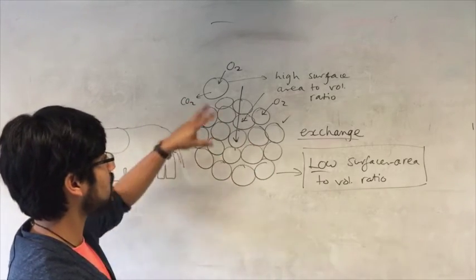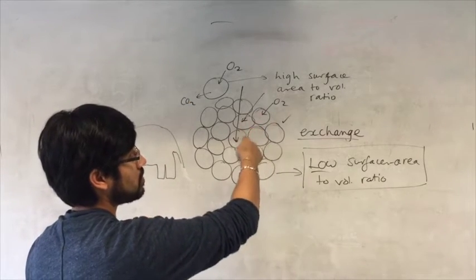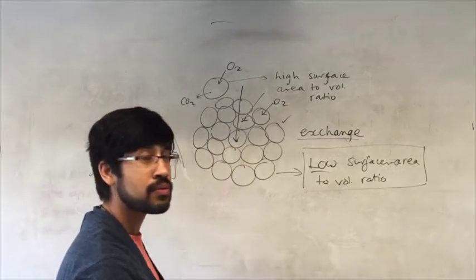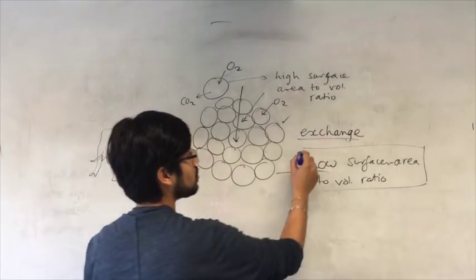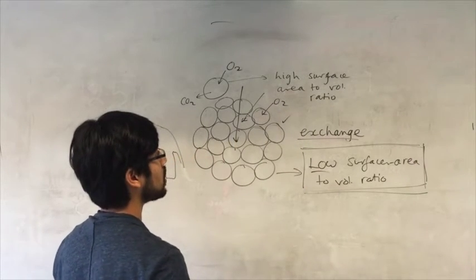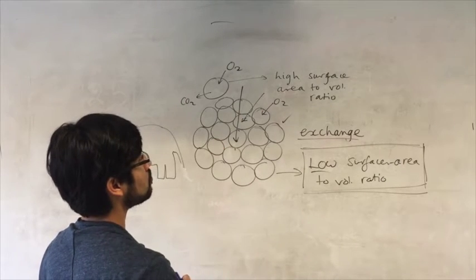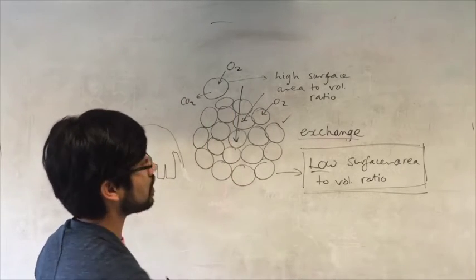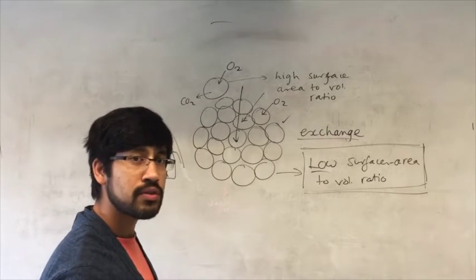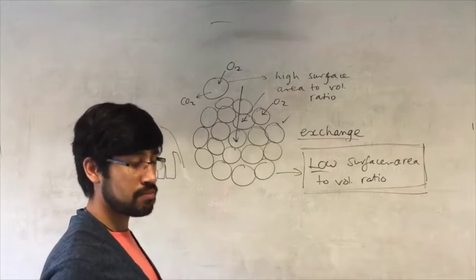But as organisms get bigger, with more and more cells, it's more and more inefficient to rely on diffusion to get to the cells within. In technical terms, it all comes down to this surface area to volume ratio. This has a low surface area to volume ratio. This has a high surface area to volume ratio. We'll come back and discuss the specifics of exchange systems in a minute.